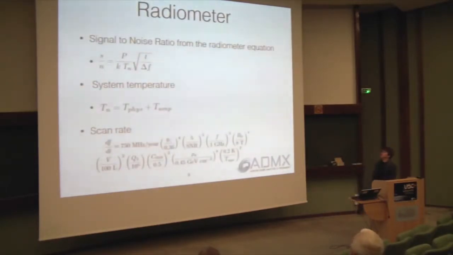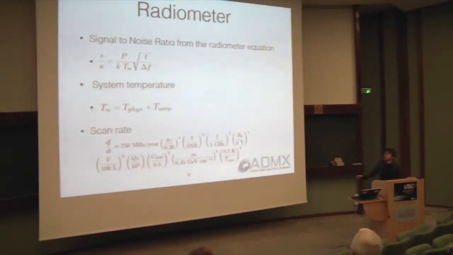To actually make an experiment about this, what would the signal to noise ratio look like? So it goes with the power just described, and inverse to the noise temperature of the system. We can also improve our signal to noise by integrating longer at a given frequency and having a narrower bandwidth. So system temperature is very important, and this comes from both the physical temperature and the temperature of our amplifiers.